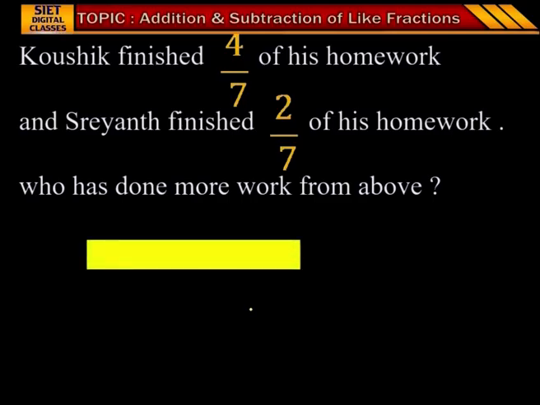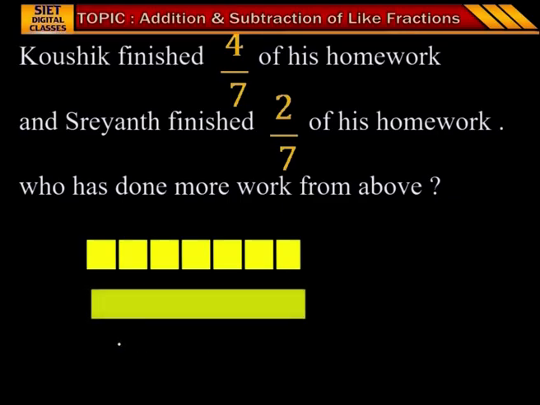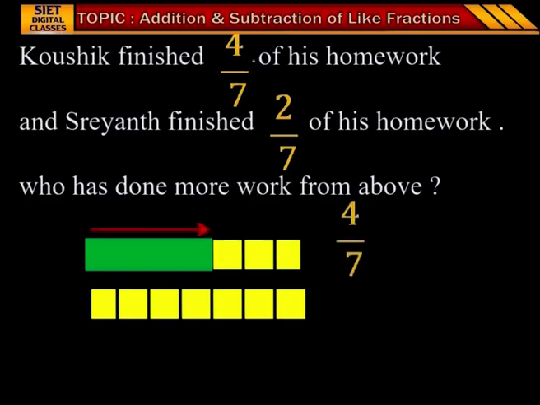You are observing on the screen. The homework is divided into 7 parts: 1, 2, 3, 4, 5, 6, 7. And Shreyanth's homework is also divided into 7 parts: 1, 2, 3, 4, 5, 6, 7. Kaushik finished 4 parts of 7, that means 4 by 7, already given in the problem.